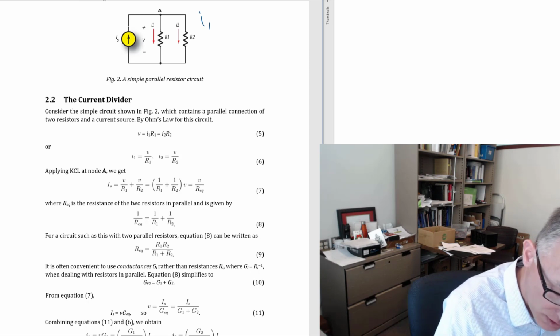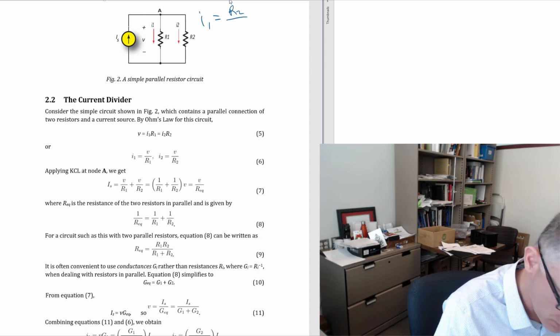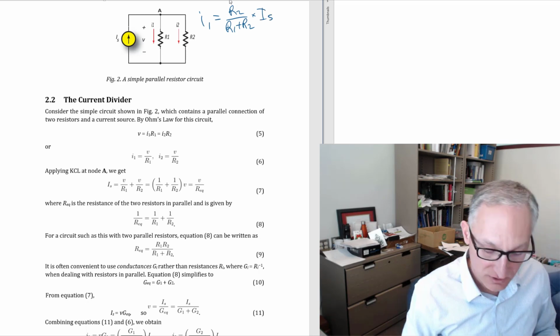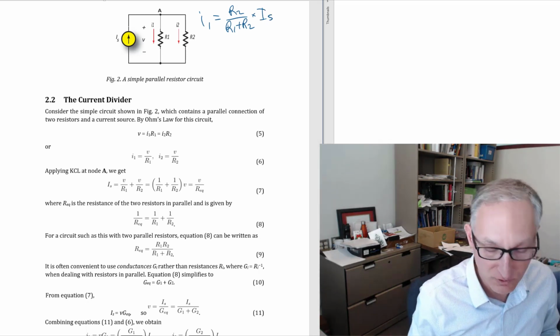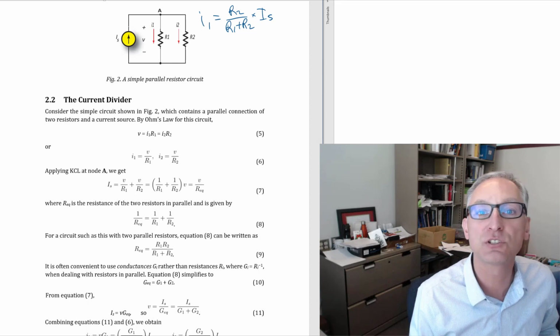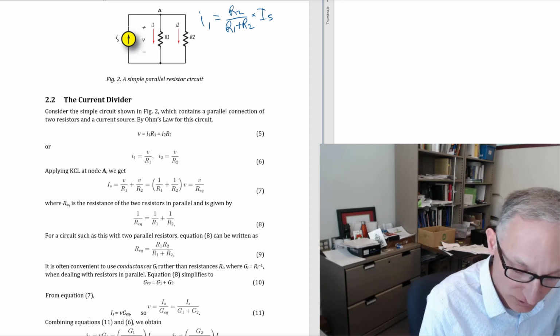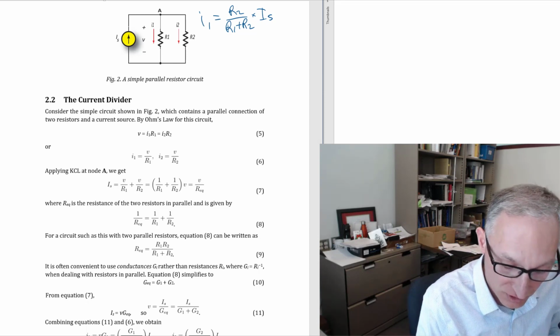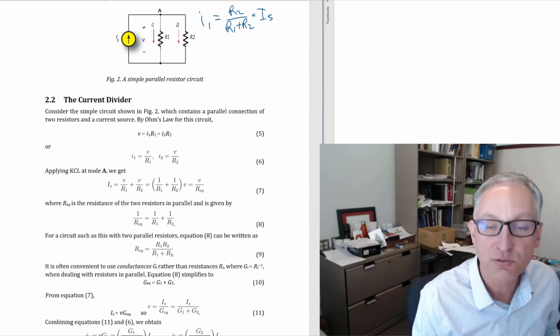So I1 is equal to R2 over R1 plus R2 times Is, and we see that there's some similarity with the voltage divider, except now we notice that the resistor that goes on top is the other resistor.